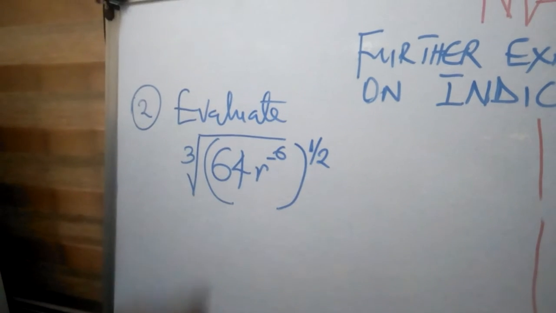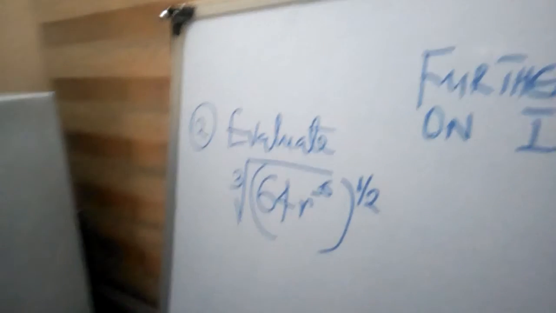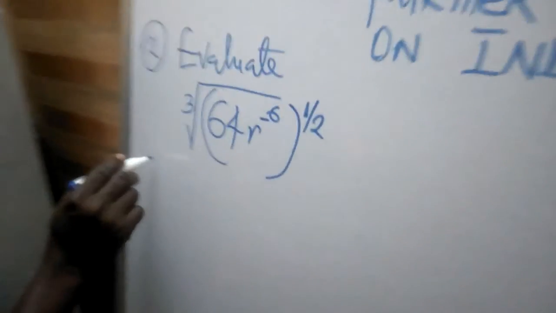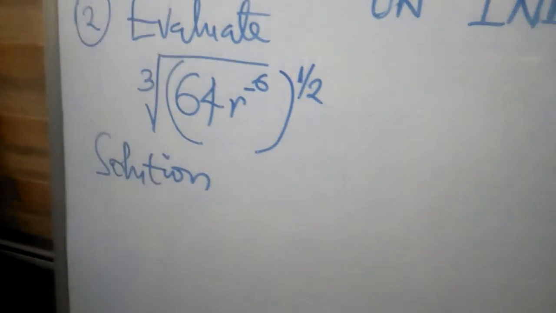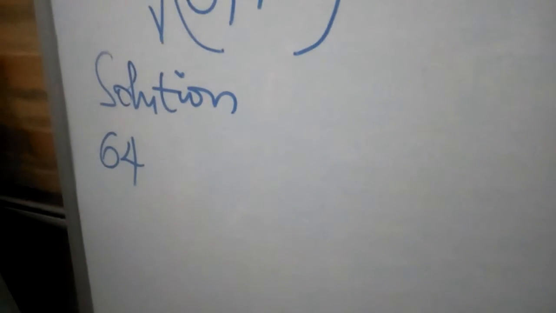We'll call it in mathematics the prime factor of 64. If you have 64, you think of the prime factor of 64.